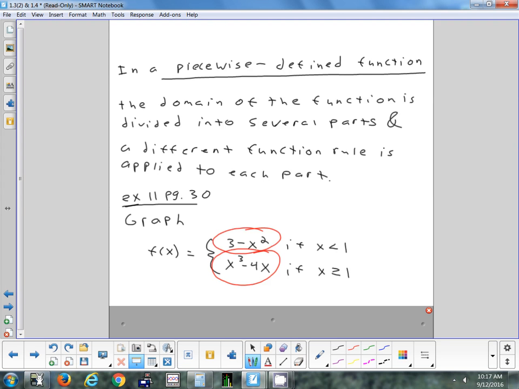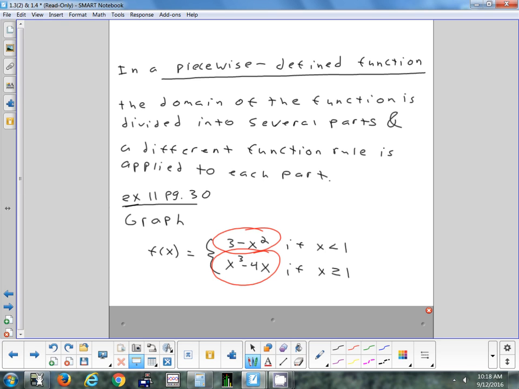So let's say I let x equal 2. Would I be plugging that into the top one or the bottom one to get the answer? Yeah, I would be plugging it into the bottom. What if I let x equal 1? Top or bottom? Yeah, bottom. What about if I wanted to plug in x equals 0?